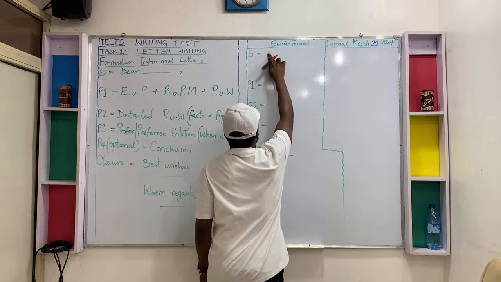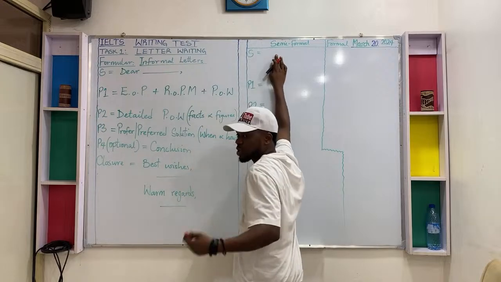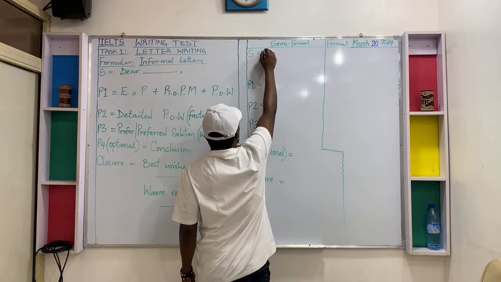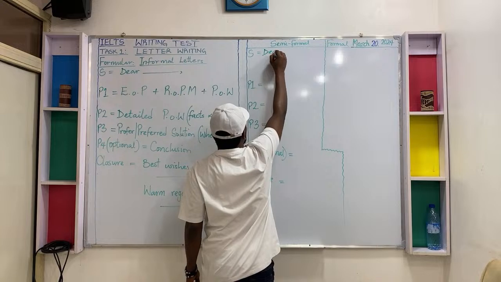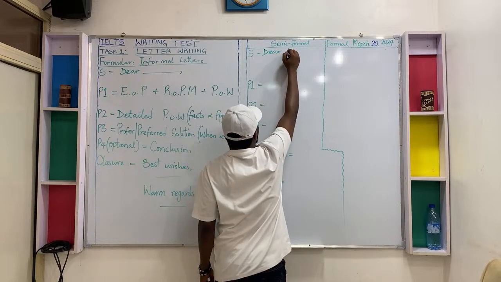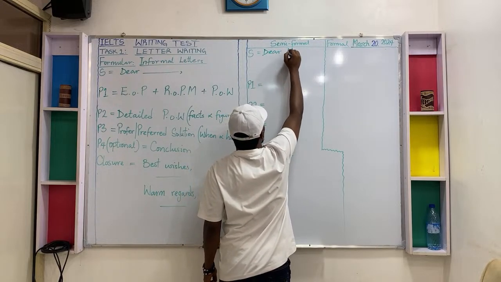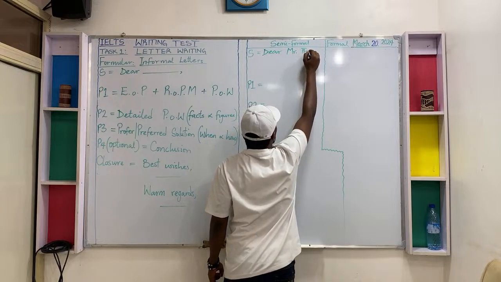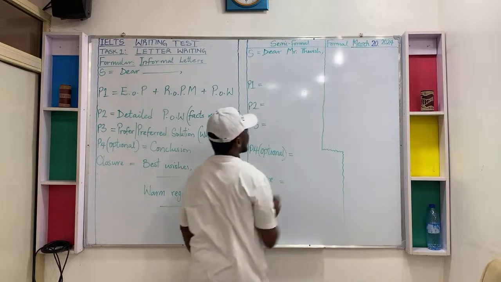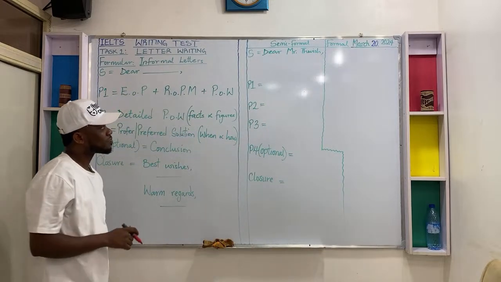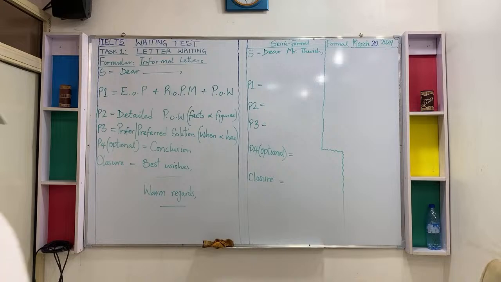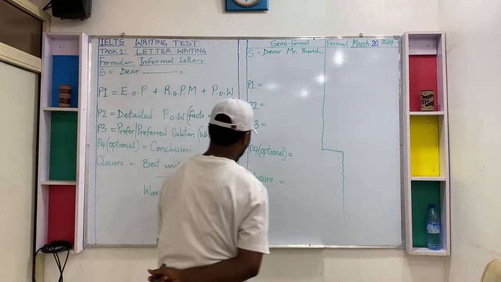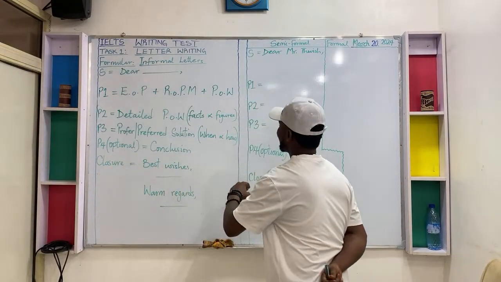Remember, in a semi-formal letter, you already know who is there, since you have some official relationship. So your salutation must begin as follows. Dear, perhaps, Mr. Fish.